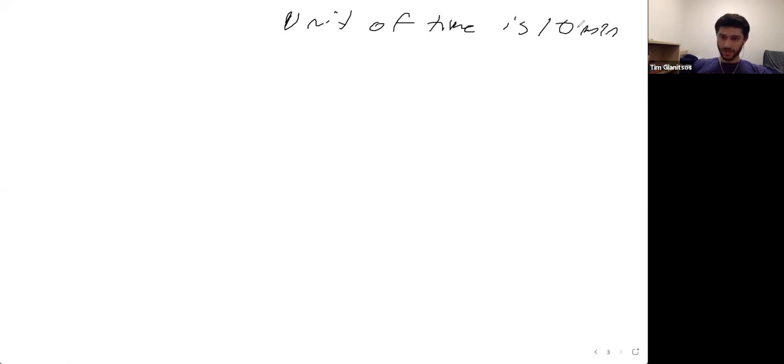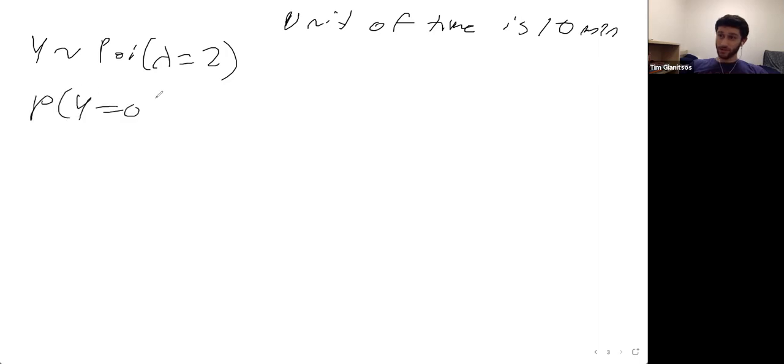And then we say, what is the probability that we don't see any in that unit of time? So in this case, y is distributed as a Poisson with lambda equal to 2, similar to what we saw before with the exponential when we define that as our interval. But now we're asking a different query. We're saying, what is the probability y equals 0?